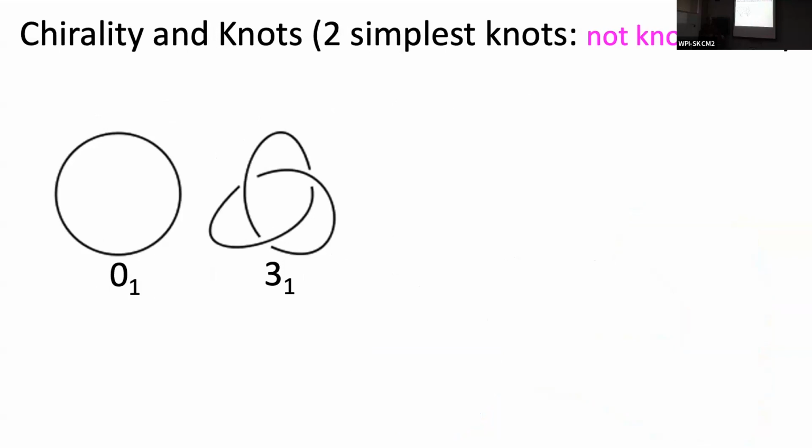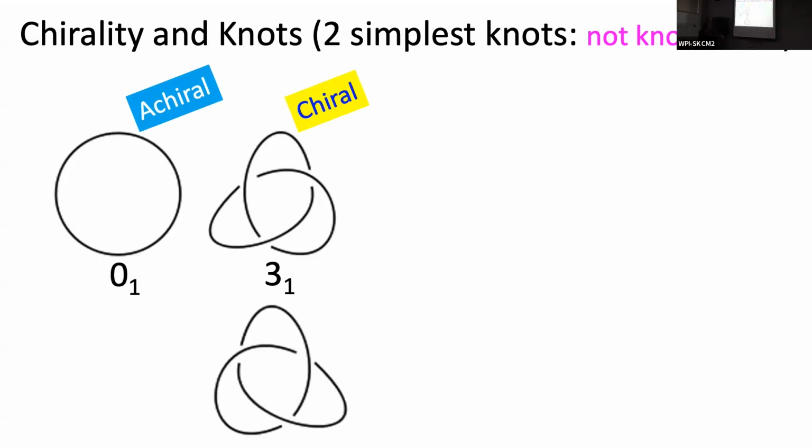So these are the two simplest knots I'm sure everybody's familiar with, the unknot and the trefoil knot. The unknot is just a circle. It's obviously superimposable on its mirror image, but the trefoil knot is chiral, and it is not superimposable on its enantiomorph, on its mirror image knot.